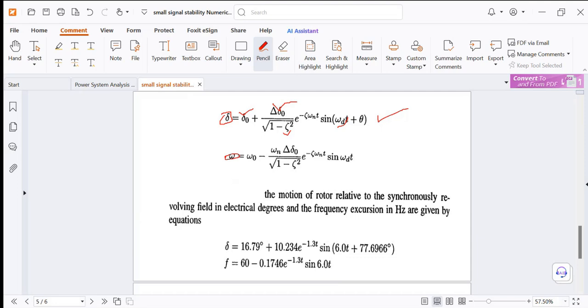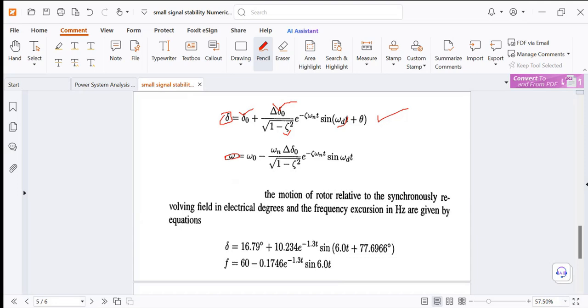So these are basically known as the frequency equations. Both these parameters are extremely important in finding out the stability of a system. So now we have all the values of omega n, omega d, zeta as well, and we have the value of delta naught as well. So putting all these values in both these formulas, we will get the value of delta and f.